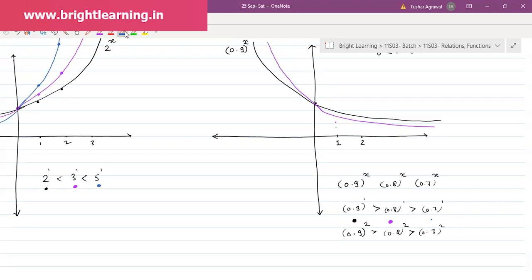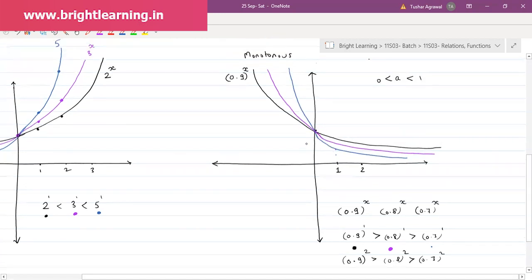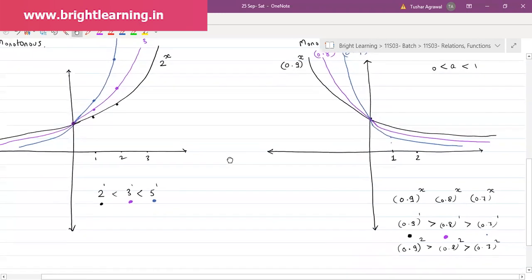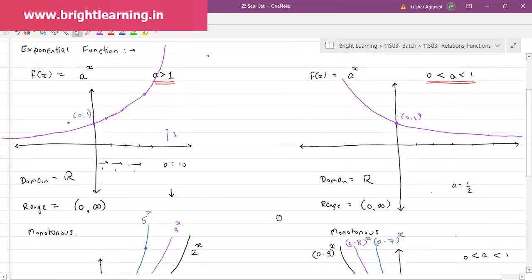The blue point image will be 0.7 raised to x, and this will be 0.8 raised to x. Okay. Is this clear? This is the comparison of graphs and their relative positions. Yes, sir. Okay. So this is the part on the exponential function.